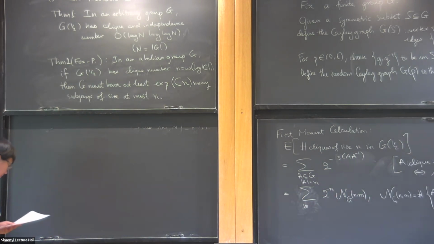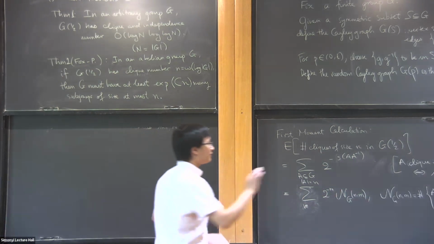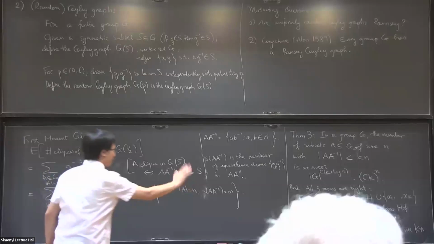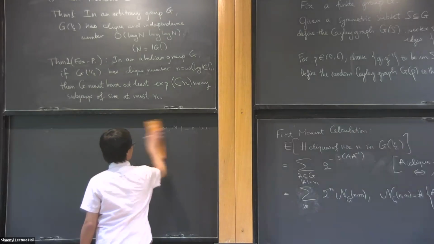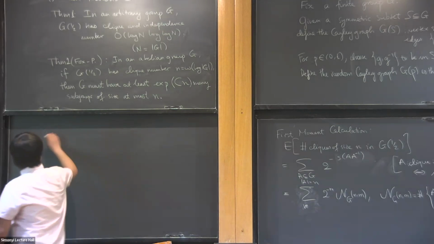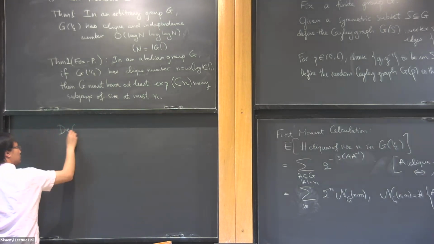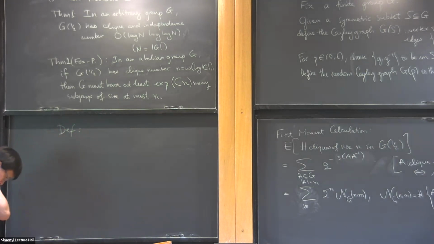Okay. In fact, let me define the combinatorial generalization of a Cayley graph and random Cayley graph first. So let me make this definition.